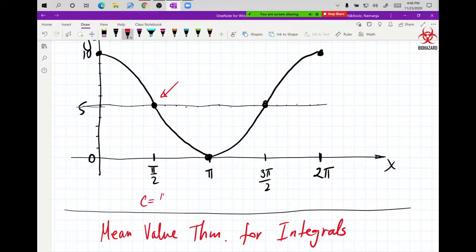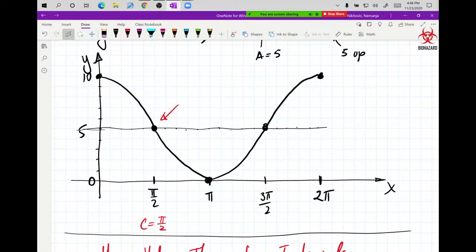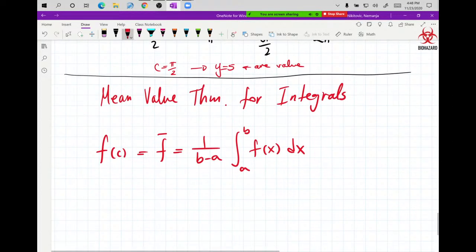So your c is equal to pi over 2 in the case of the trig function up there, because when c is equal to pi over 2, you get your y equals 5, which is the average value. So that connects with the formula below.